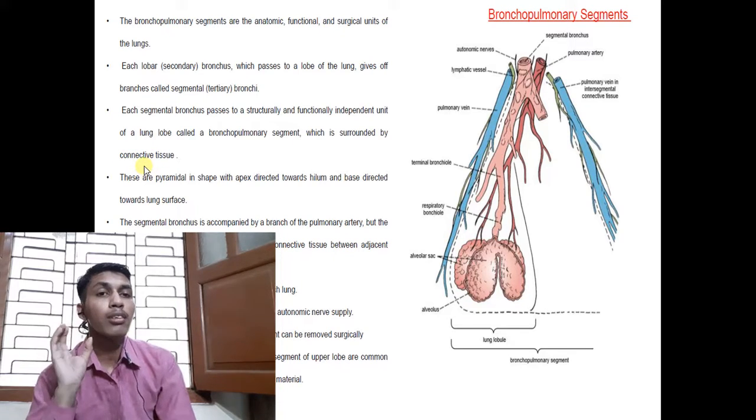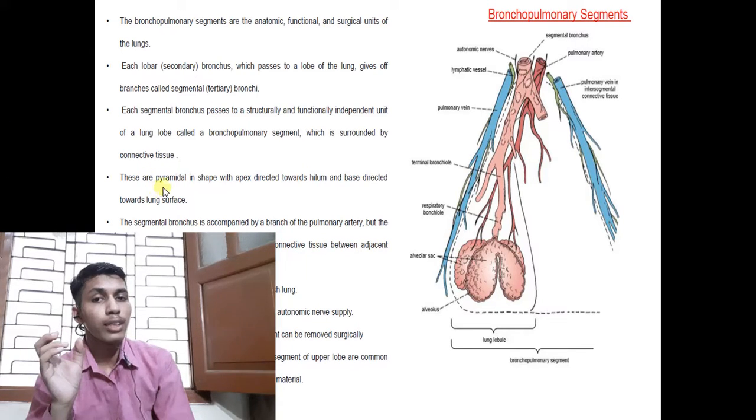These are basically well-defined, pyramidal-shaped structures, and the apex is directed towards the hilum or the root of the lung, and the base is directed towards the lung surface.